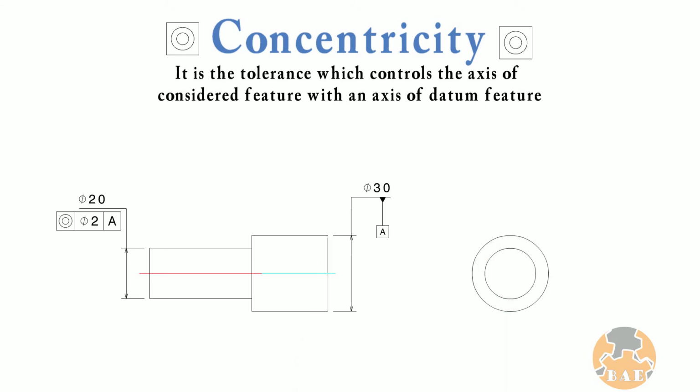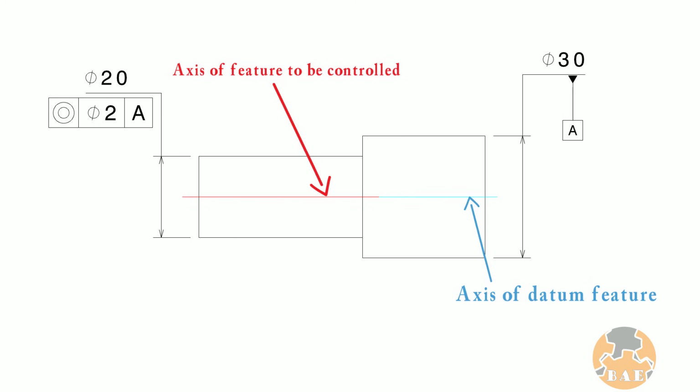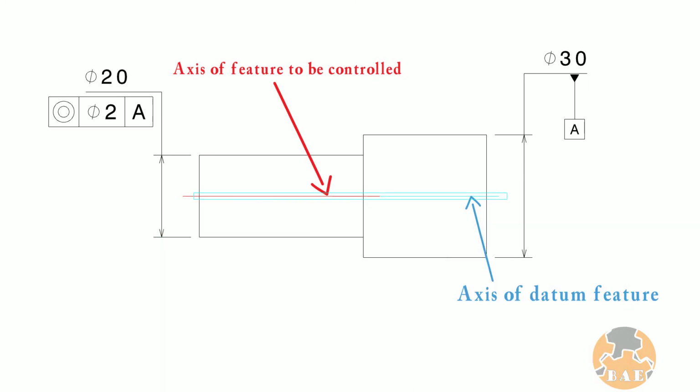We will derive an axis of the datum feature. Here the cyan color is the axis of the datum feature, and again we will derive the axis of the feature which needs to be controlled. Here the red color is the axis of the feature which needs to be controlled. Here 2 mm in the feature control frame means if we make a cylinder around the axis of the datum feature, then the axis of the feature which needs to be controlled should lie in this cylinder.